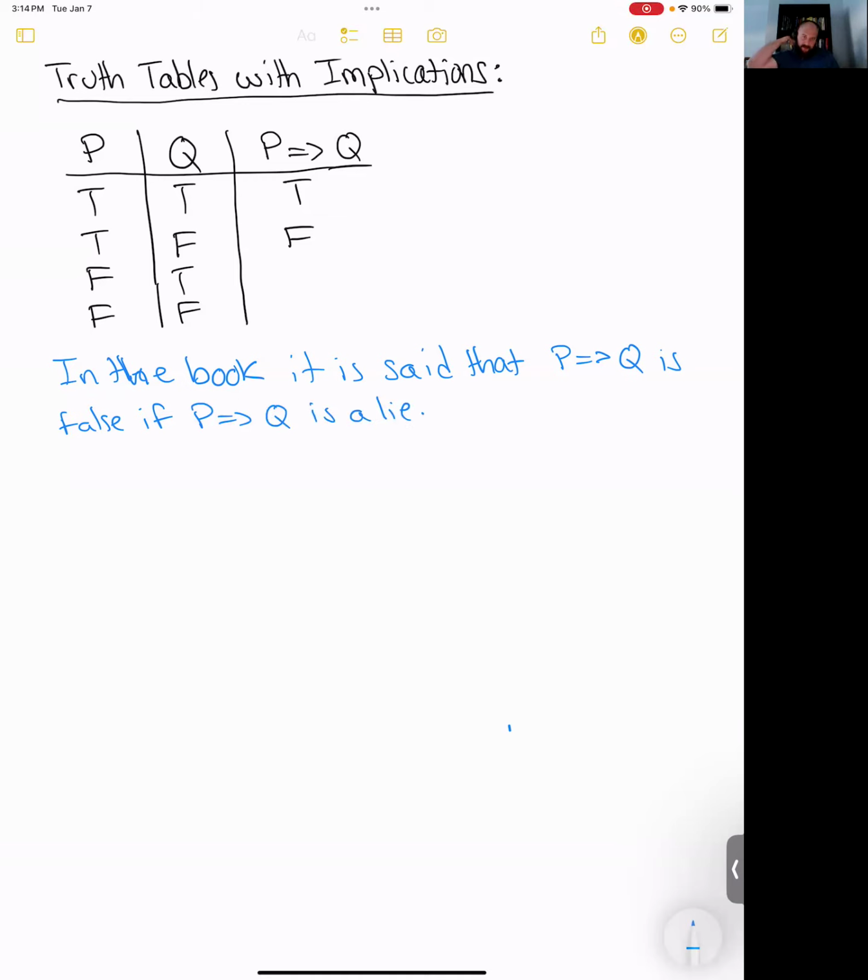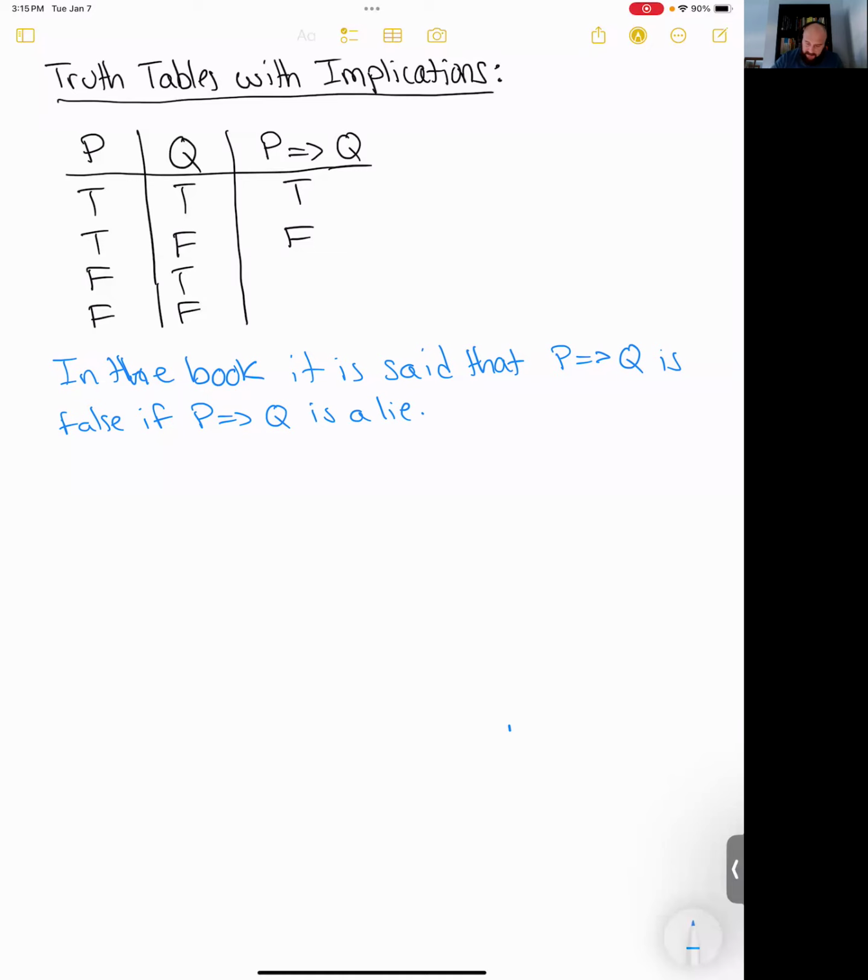And I think that's the right way to think about this statement. So remember, implications are like conditional statements. If the first thing, then the second thing, right? So we want to ask, is the implication a lie? I think that's helpful to think about when I fill in the rest of the table.